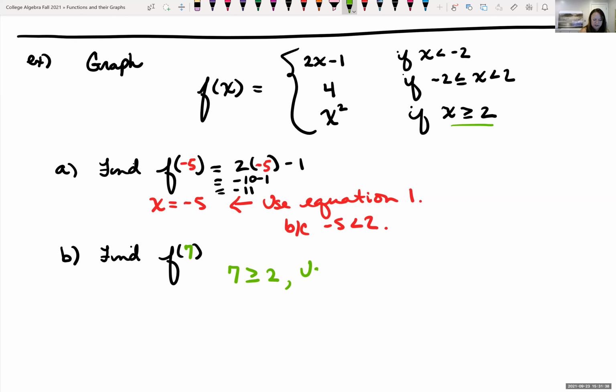So we're going to use equation 3. So f of 7, to find that, we're going to plug in 7 wherever we see an x in equation 3. So we're going to square 7, which gives us back 49.